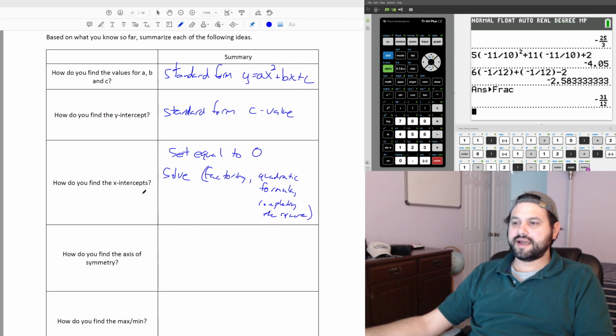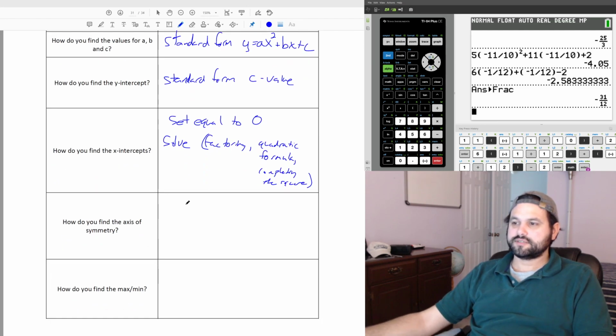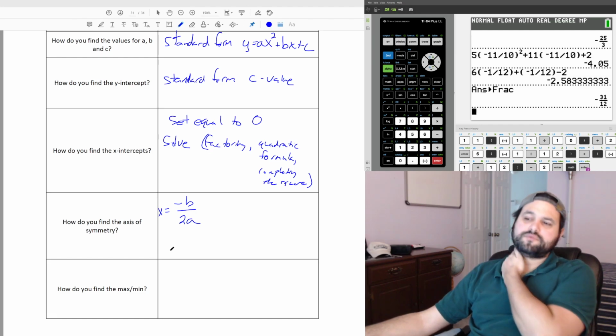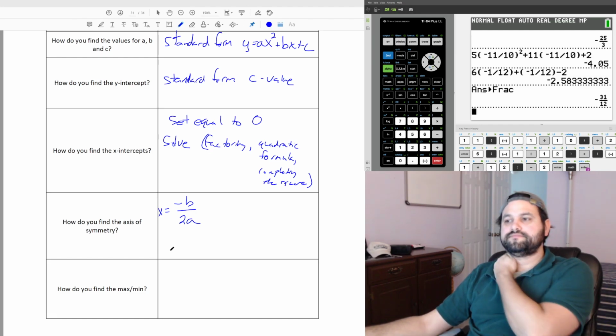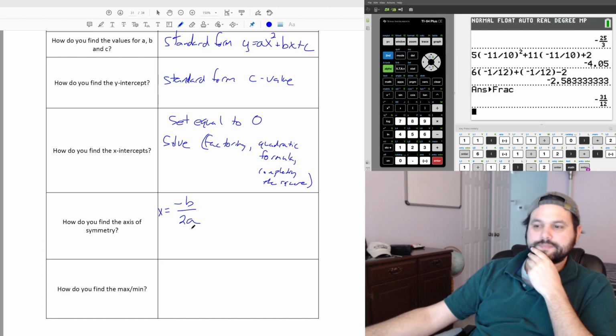How do we find the axis of symmetry? It's going to be negative b over 2a. That's just the axis of symmetry right there. If we were doing the vertex, then we would plug it in and find the y value as well.